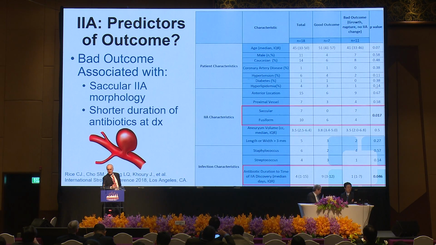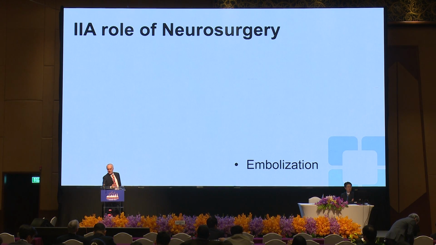What are the predictors of bad outcomes? Saccular aneurysm and shorter duration of antibiotic therapy were predictors in this study.